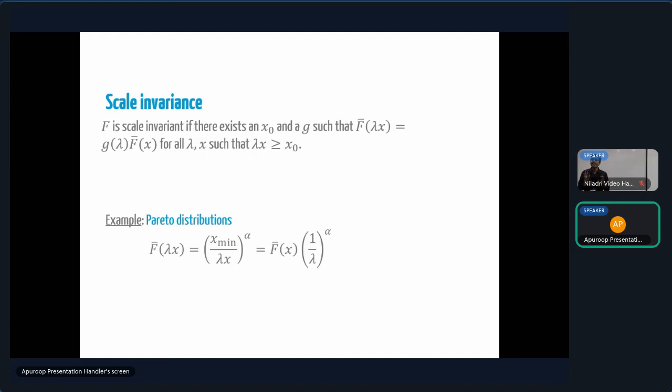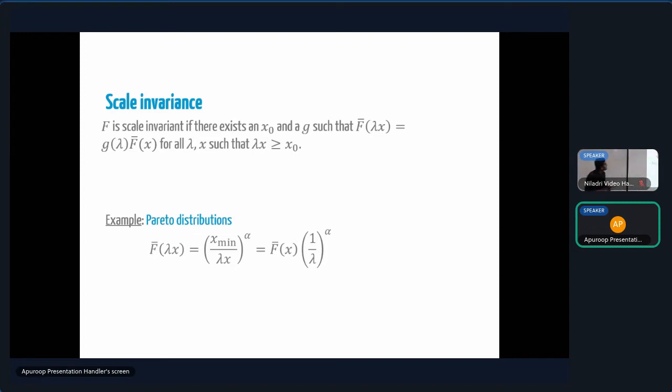Then and only then is a distribution scale invariant. So scale invariance is a very stringent property. Nothing that deviates from an exact power law works. It allows the power law to begin after a certain point, but after that point, you have to have an exact power law. Then and only then can you possibly get scale invariance. I will skip the proof of this for now, and come back to it later if there is interest.